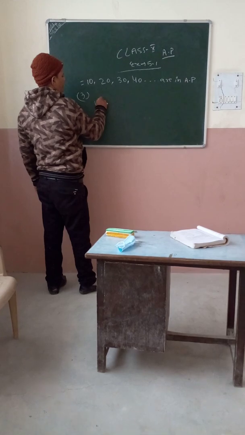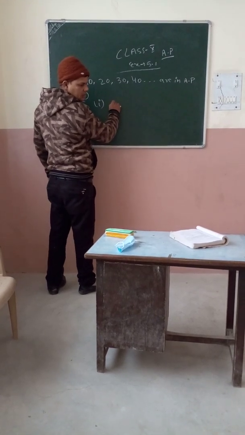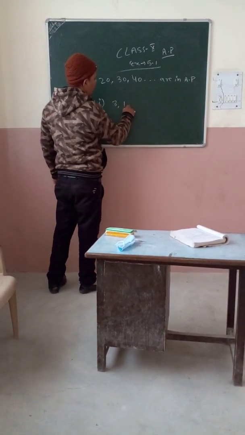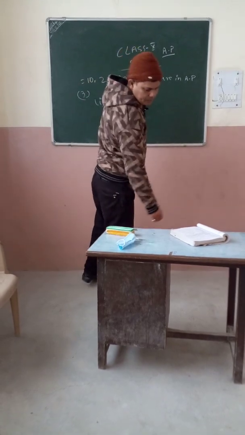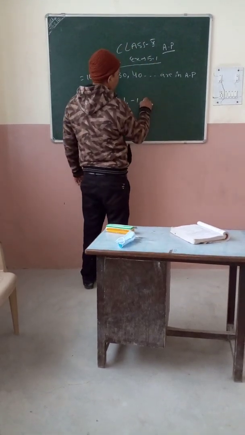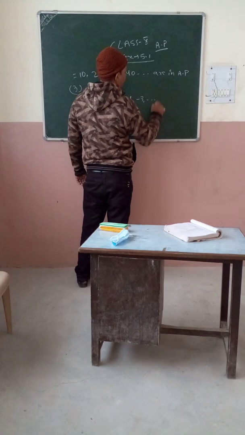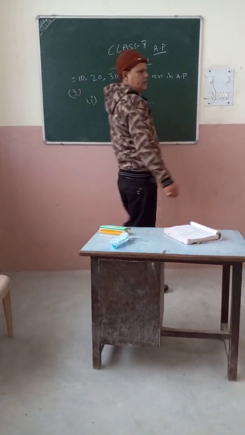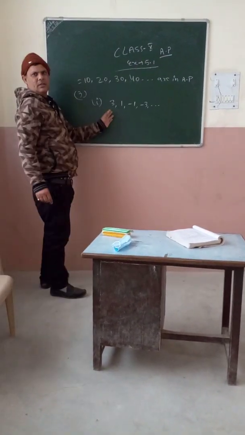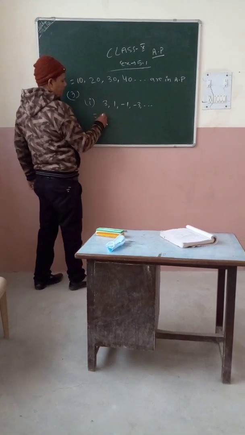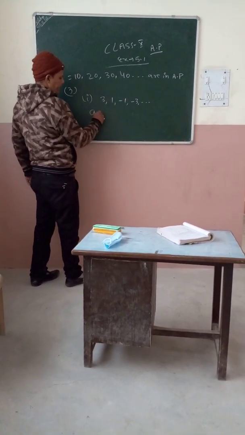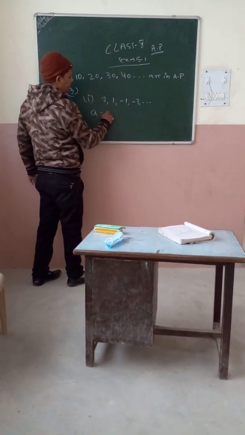What is given? 3, 1, minus 1, minus 3 and so on. The first term is A equal to 3.